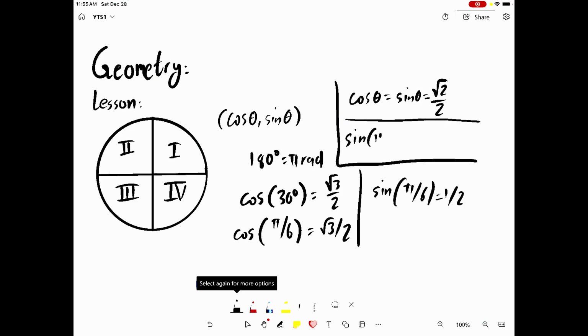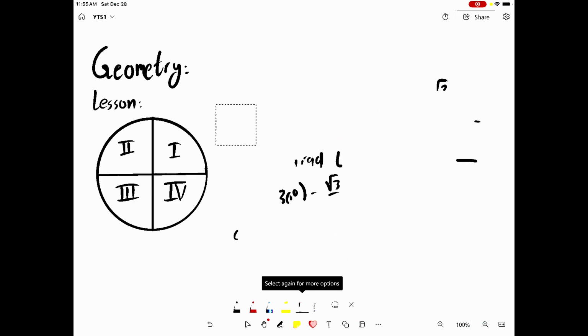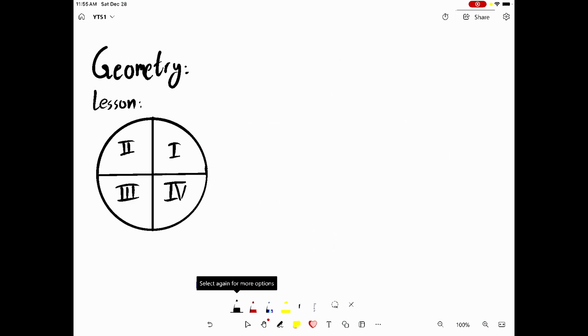Sine pi over 3 radians is equal to the square root of 3 by 2. And the cosine of 60 degrees, or cosine of pi by 3 radians, is equal to 1 by 2.